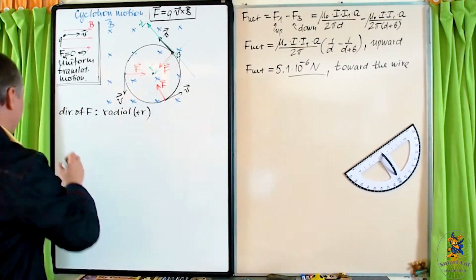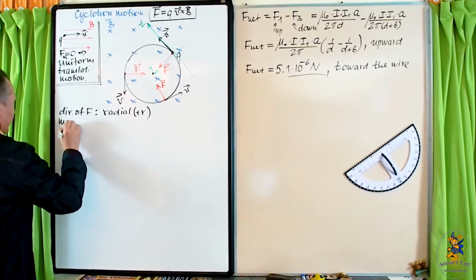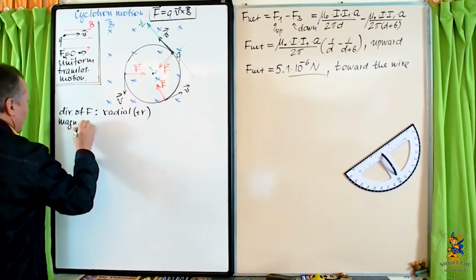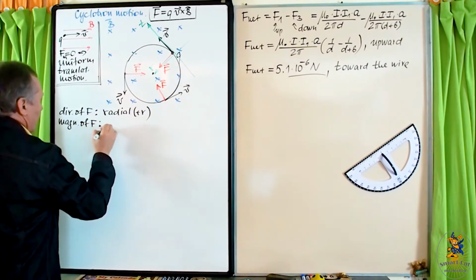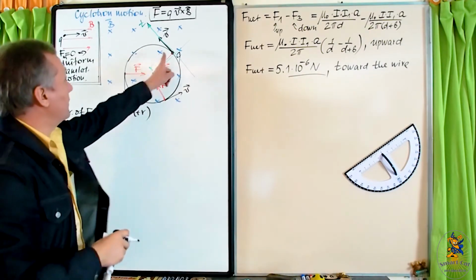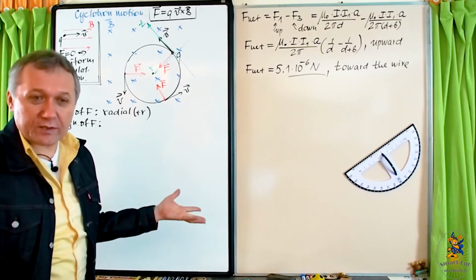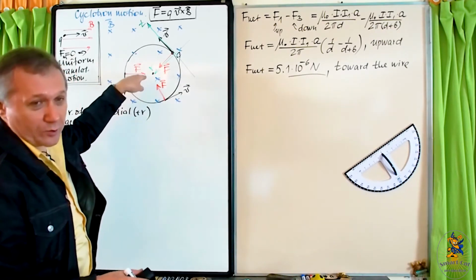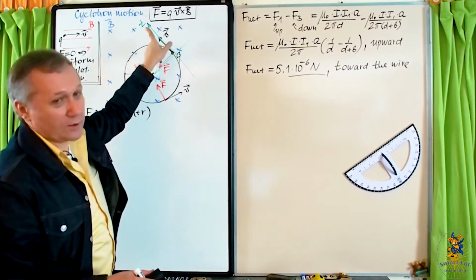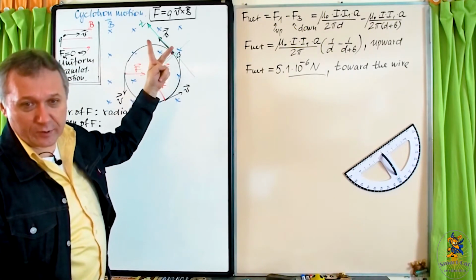And the magnitude of F: of course V and B will be perpendicular to each other, because that's the situation we decided to analyze. B is into the board, V you see this way. So every time they are perpendicular to each other.